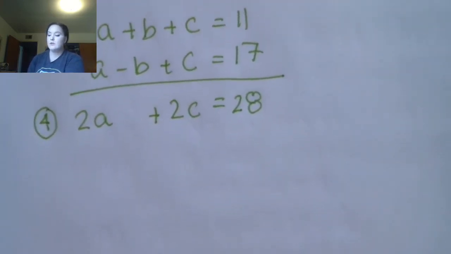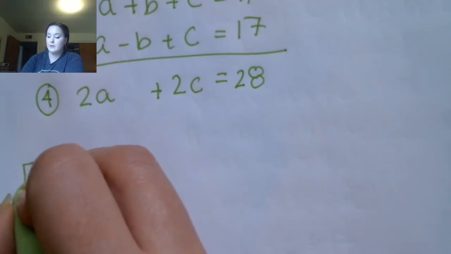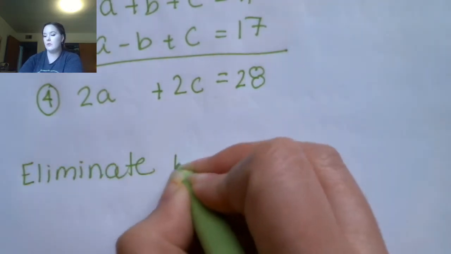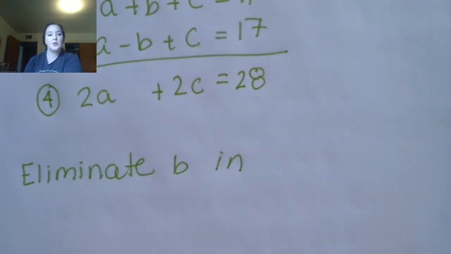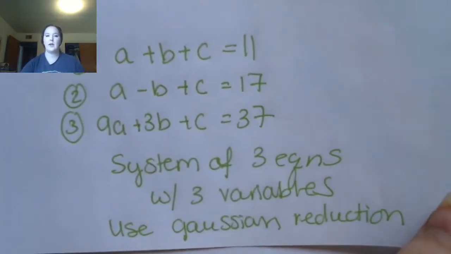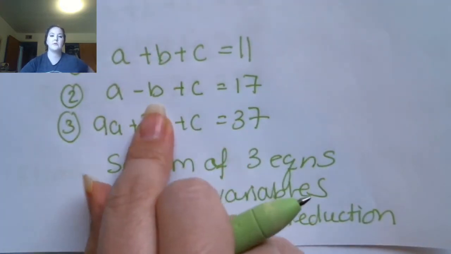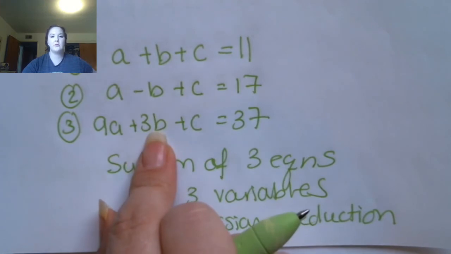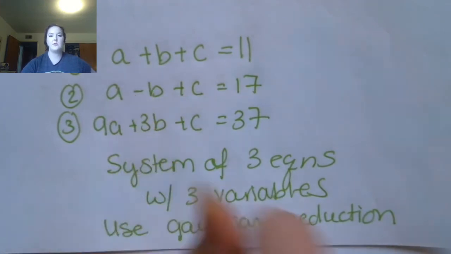Now my next step is I need to eliminate the same variable in 2 different equations. I can't use 1 and 2 because I already used that pair. I can either use 1 and 3 or 2 and 3, so I'm going to use 2 and 3.